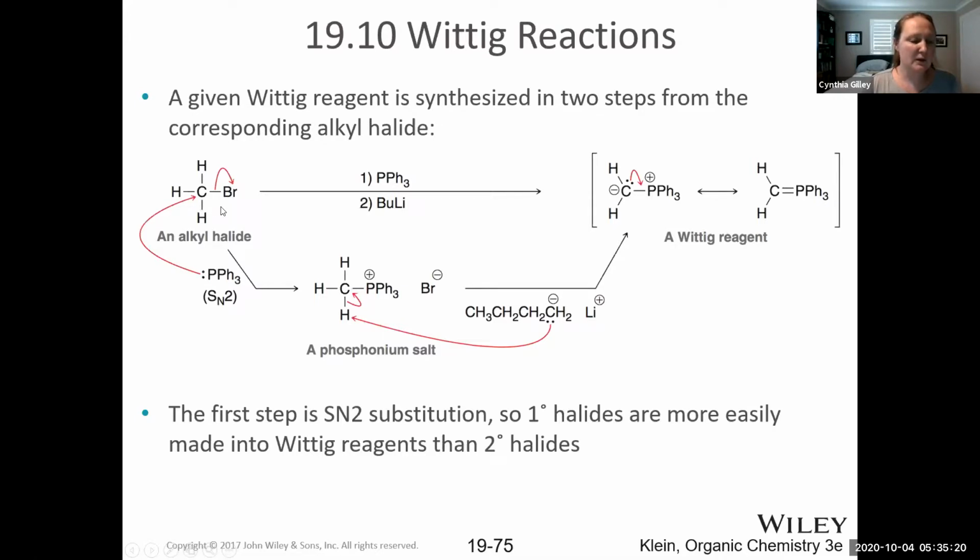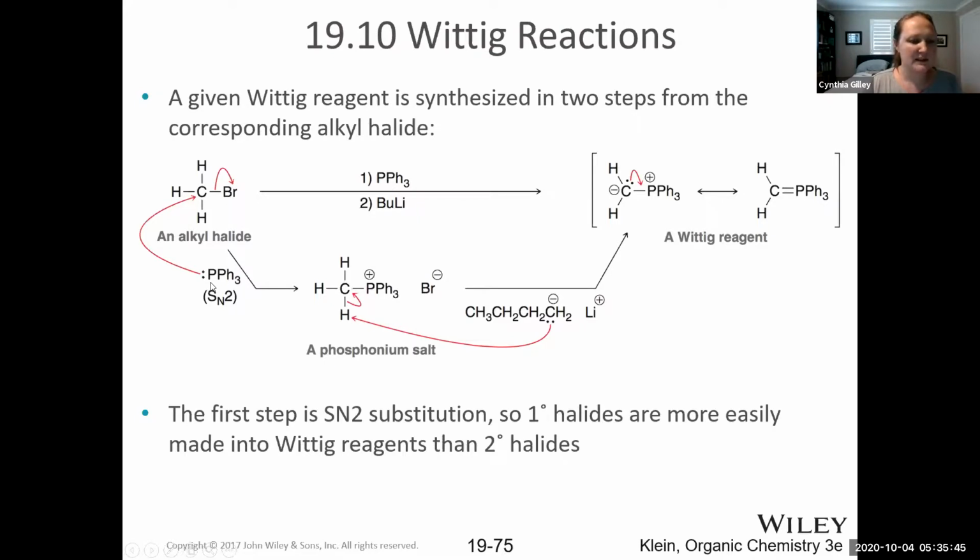Unlike the Grignard reagent formation, we can't use any organohalide. The carbon must be sp3, so it cannot be like a phenyl ring or something. It cannot be sp2. And it needs to be unhindered, ideally, because we're going to be doing an SN2 reaction with triphenylphosphine.